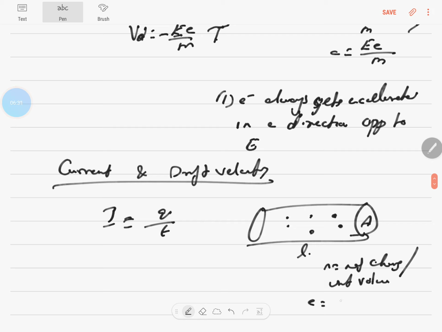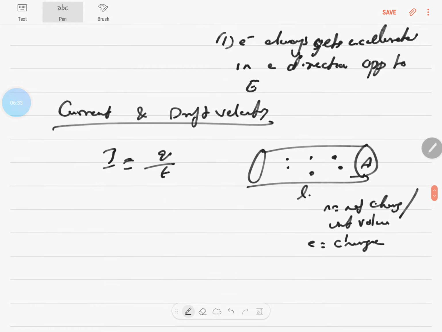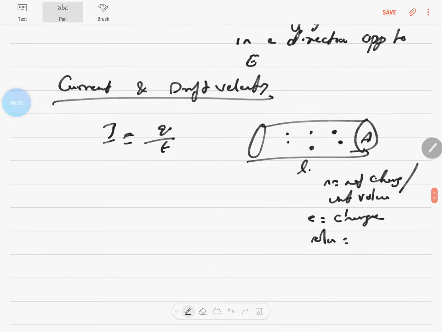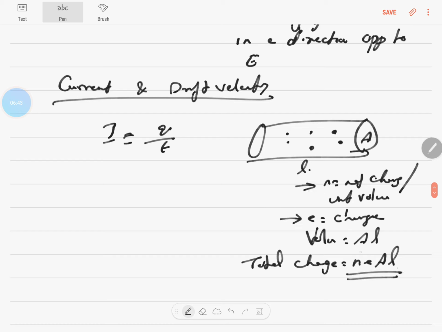Let e be the actual charge, and the total volume is A into L, and hence the total charge in this entire volume will be neAL. Charge per unit volume into volume will give you nAle. So you substitute Q as nAle, nAle by T, and can you see L by T is nothing but velocity.